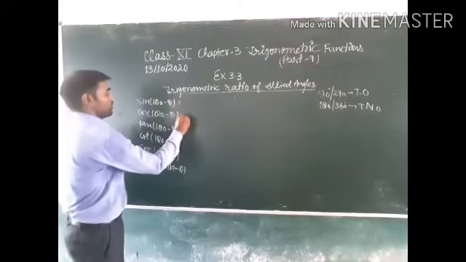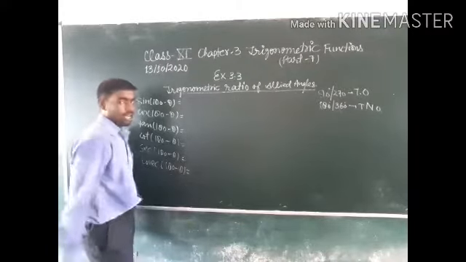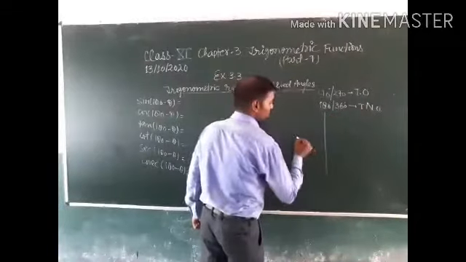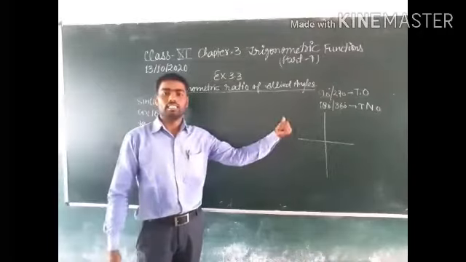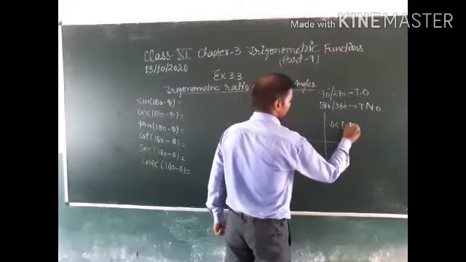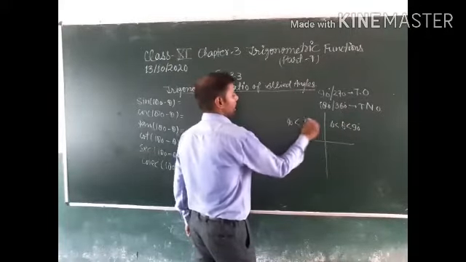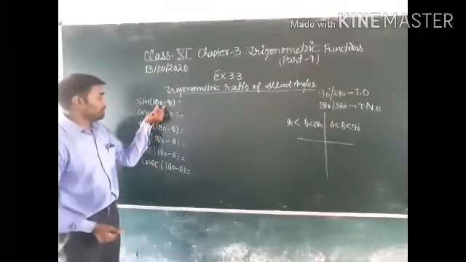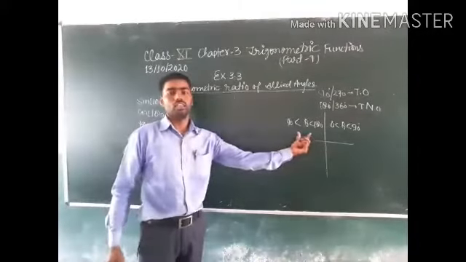So what is the first step? First step, identify the quadrant. For 180 minus theta, the value of theta is less than 90 degrees, so 180 minus theta is greater than 90 degrees and less than 180 degrees. It means 180 minus theta belongs to the second quadrant.